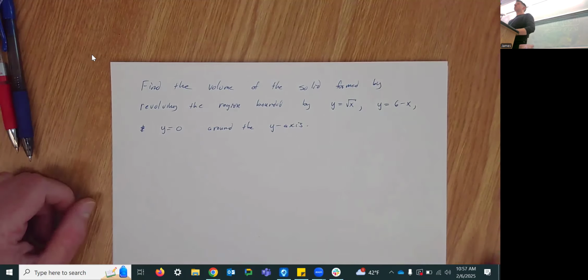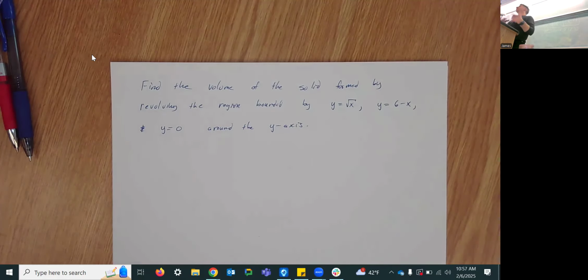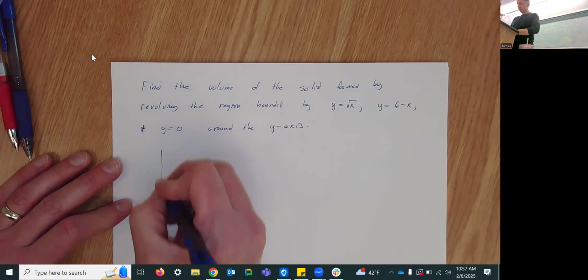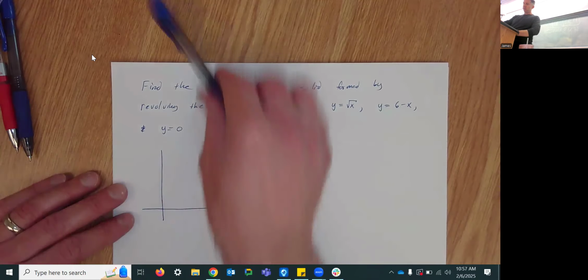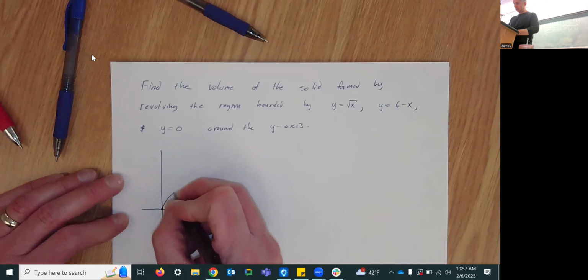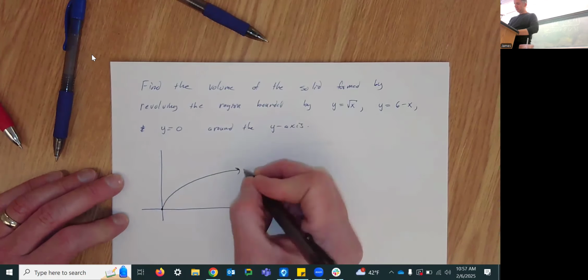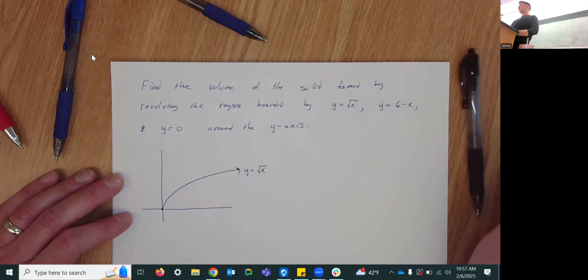First step, draw the graphs of the things. They don't have to be perfect, just have to be approximately the right kind of shape. So we know that y equals the square root of x has the general nice square root shape. It looks something like this. Y equal to 6 minus x is a line going down from left to right.